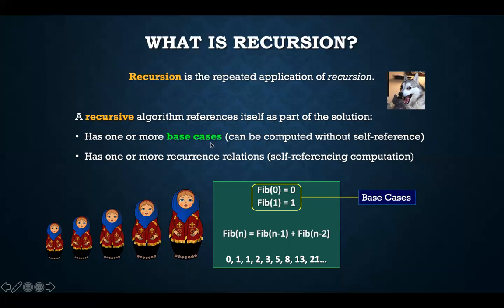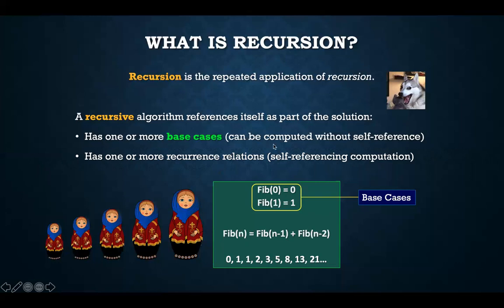We don't need to call the function itself. We can just solve it directly without any recursion. And when we talk about recurrence relations, we mean the inputs for which the program recurs, the program has to call itself.